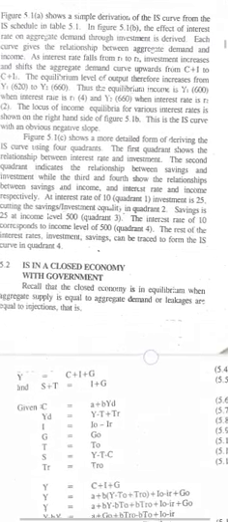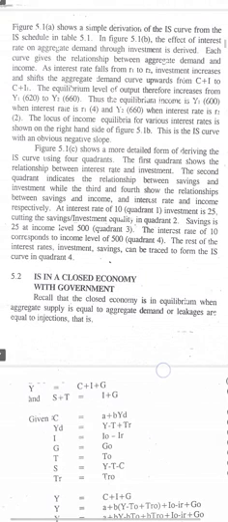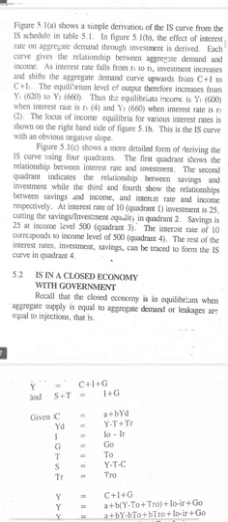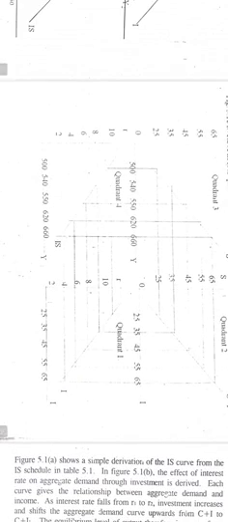Then you will now see that the interest rate of 10% corresponds to the income of 500 in quadrant four. Look at it in the fourth quadrant. The interest rate of 10% corresponds to 500 in quadrant four.